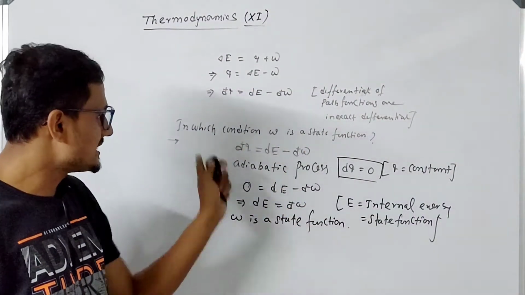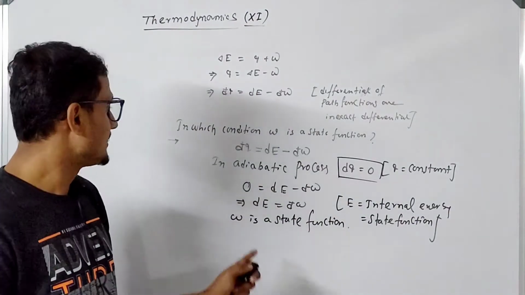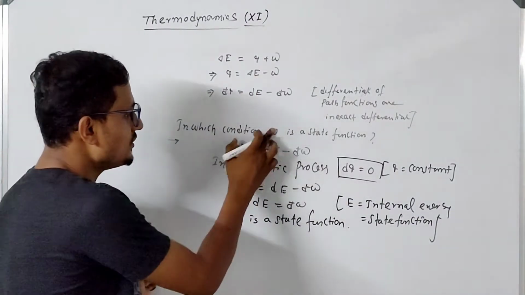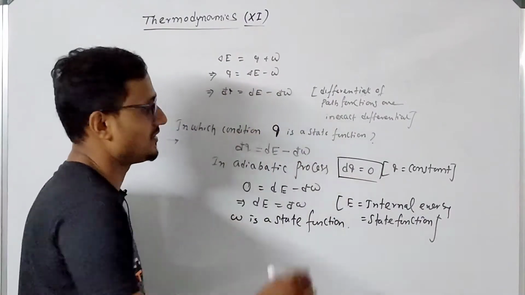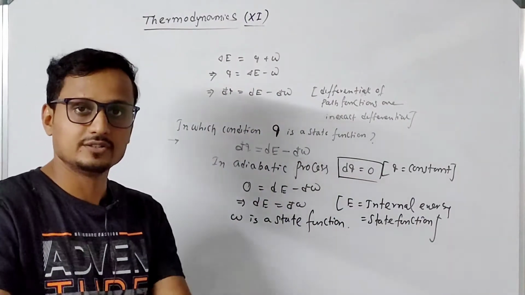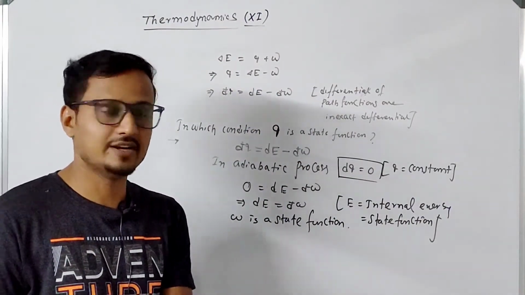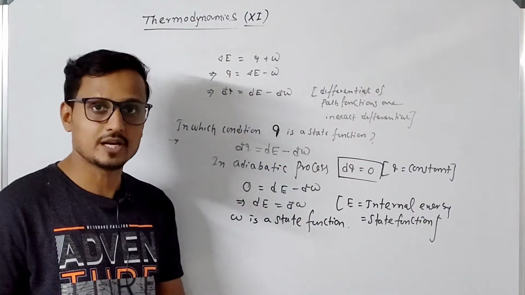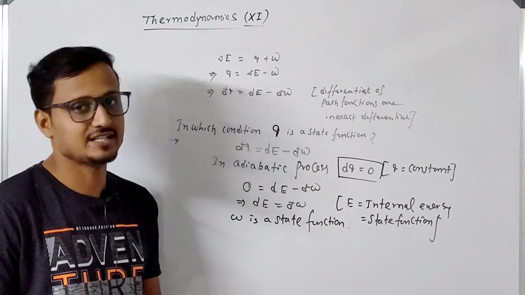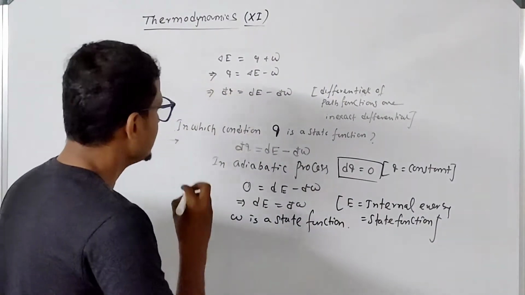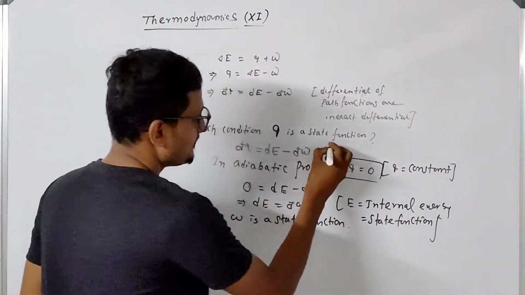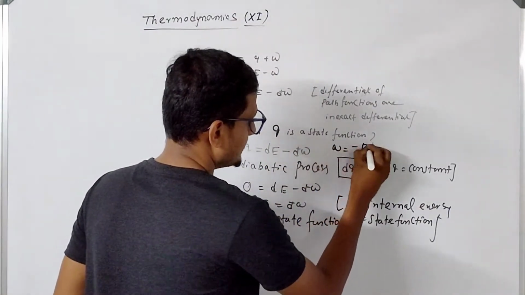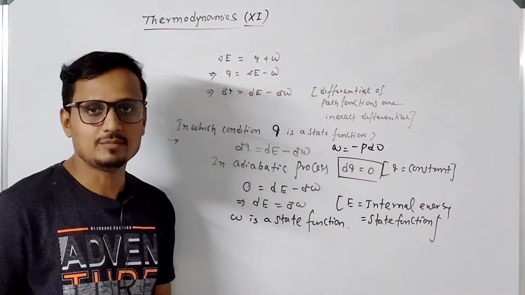Okay. Now again the same question can be asked to you: in which condition is Q a state function? That answer can be given by the first law of thermodynamics, dq equal dE minus dW. Now we know that W equal minus P dV.